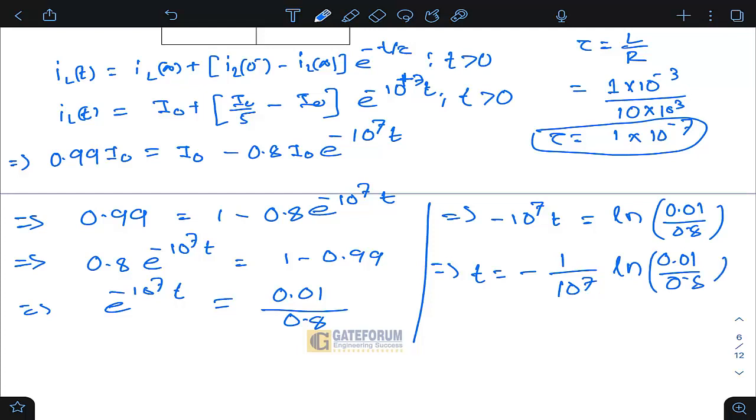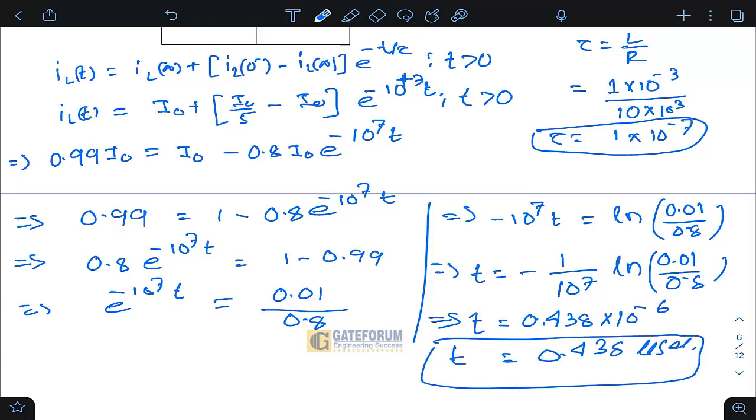Okay, you please simplify this, students, and the value of t is coming as 0.438 into 10 raised to power minus 6, which is 0.438 microsecond. So this is the value of t.